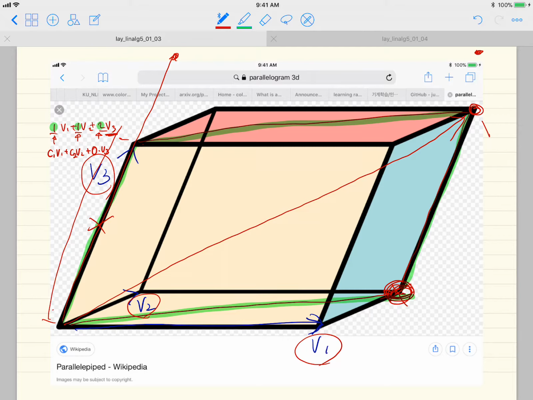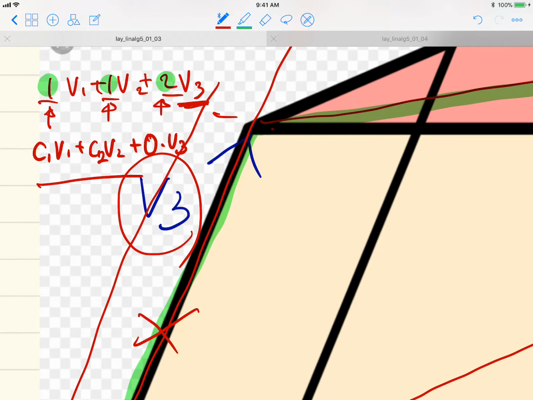So it will be like a horizontal flat surface, or plane. That will be all the possible points formed by linear combinations of v1 and v2.